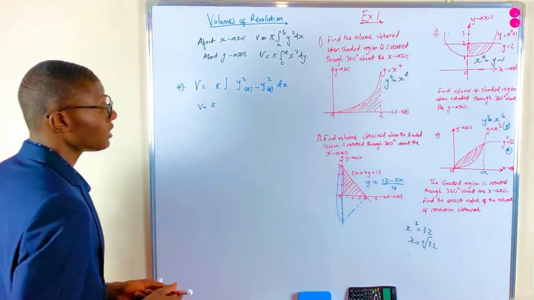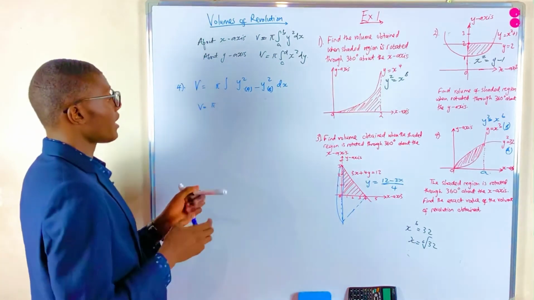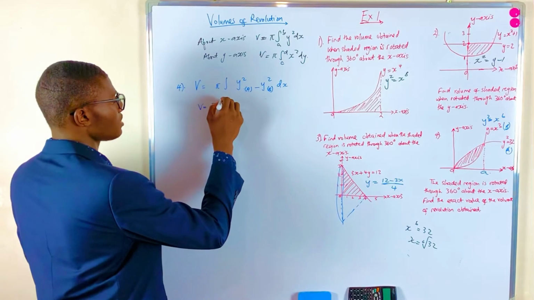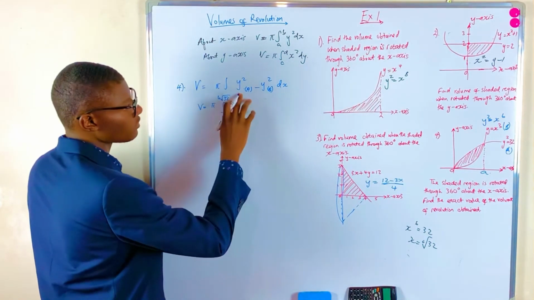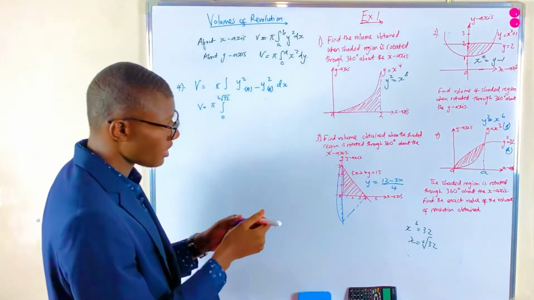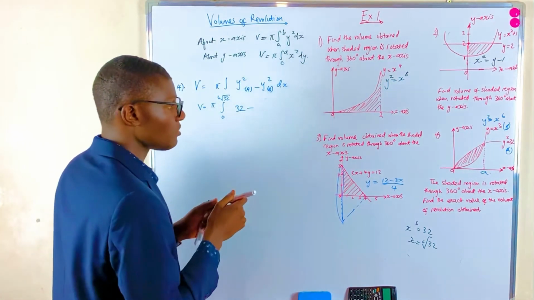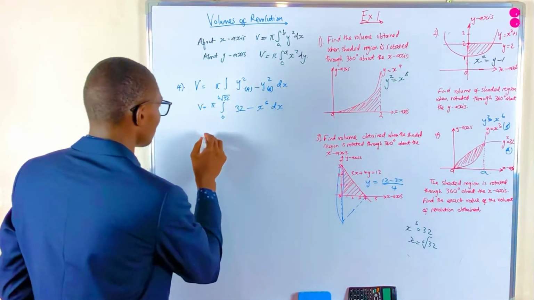So that is the upper limit. So pi times the integral from 0 to the 6th root of 32 of y squared a being 32 minus y squared b being x to the power of 6, dx.